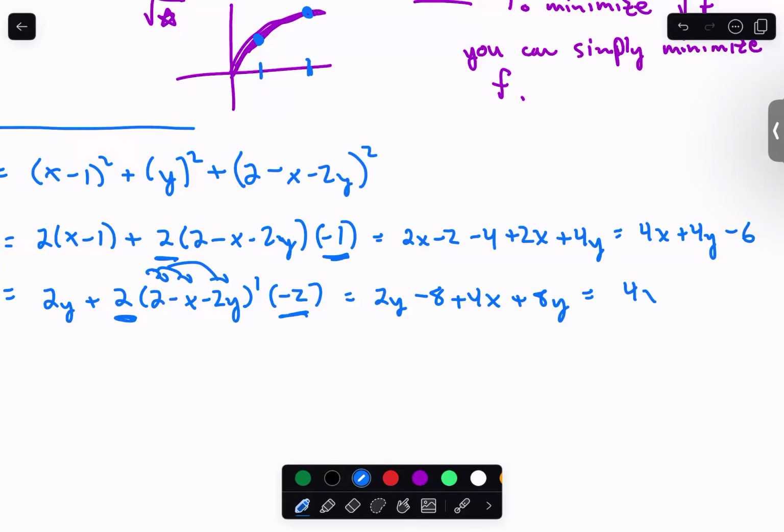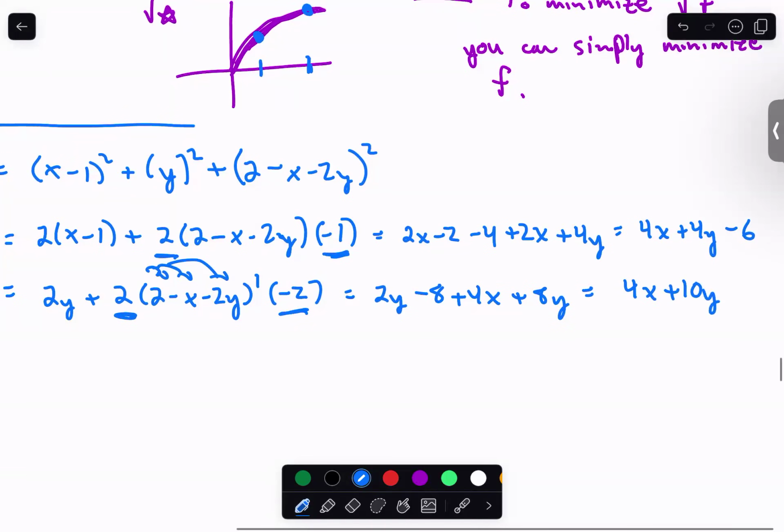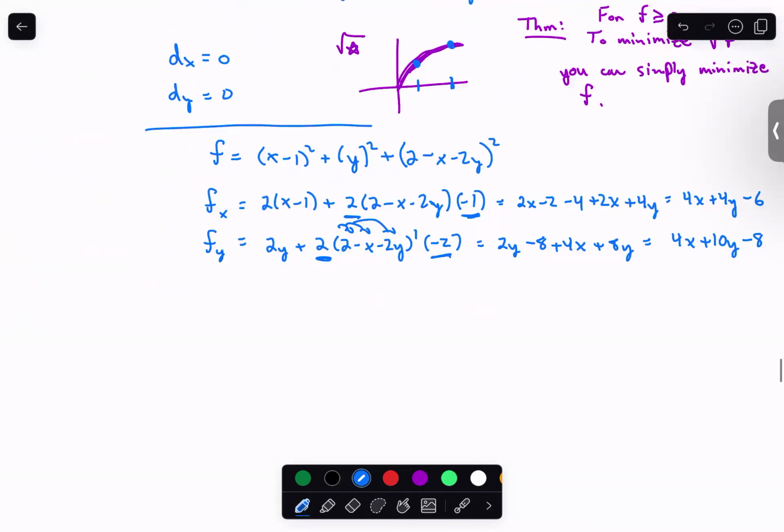So this is going to be 4x plus 10y minus 8. All right, so if I want f sub x to be equal to 0, I need it to satisfy this line equation. Oops, that's not a 6. And if I want f sub y to equal 0, I need it to satisfy this.